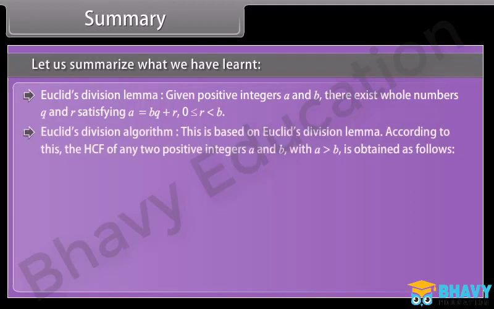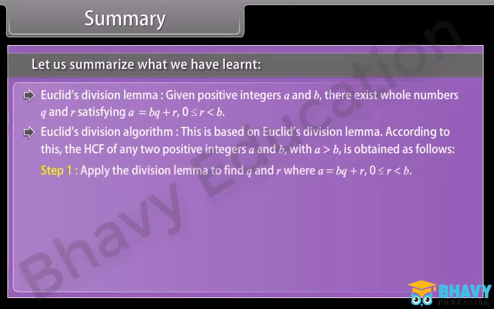Euclid's division algorithm is based on Euclid's division lemma. According to this, the HCF of any two positive integers a and b, with a greater than b, is obtained as follows. 1. Apply the division lemma to find q and r, where a is equal to bq plus r, 0 is smaller than or equal to r, which is smaller than b.